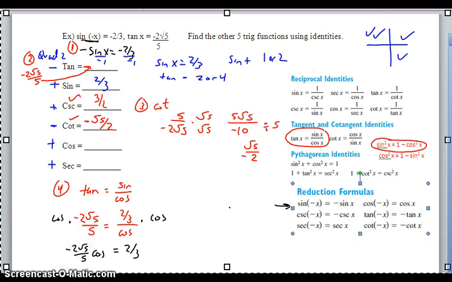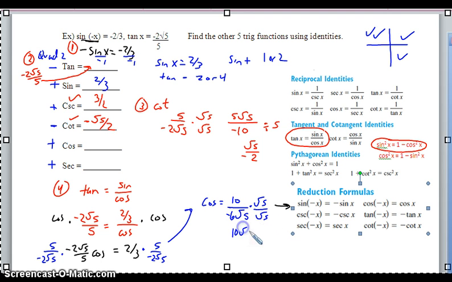Then to get rid of this, I'll multiply by the reciprocal. So algebraically, when I multiply this, I'd get a 10 in the numerator. I would get negative 6 square roots of 5 in the denominator, and I'd have to rationalize. So I'm going to choose to rationalize before I reduce because then I don't have to reduce twice.